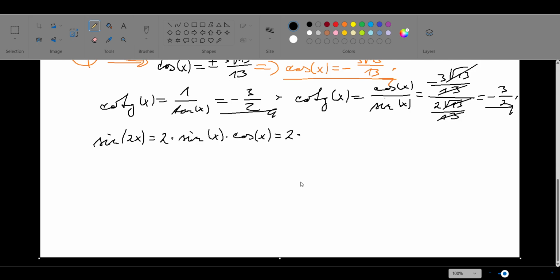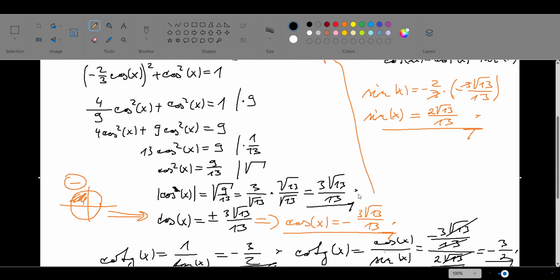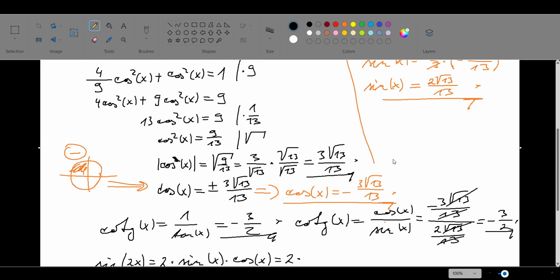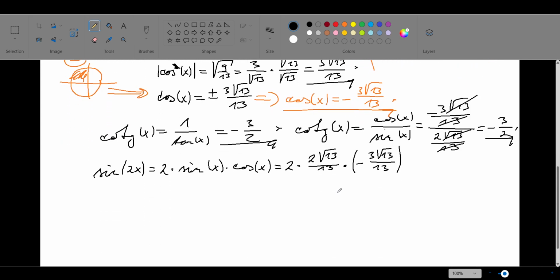which is equal to 2 times, and our sine is equal to 2 times square root of 13 over 13, and cosine is equal to negative 3 times square root of 13 over 13. So if we want to simplify this expression, we can see that our result is going to be negative 2 times 2 is 4 times 3 is 12 times square root of 13 over 13 squared.